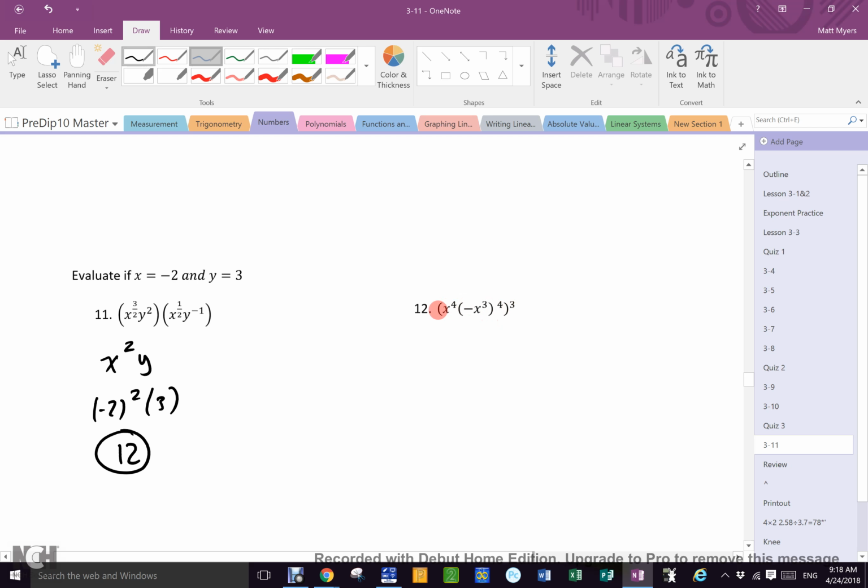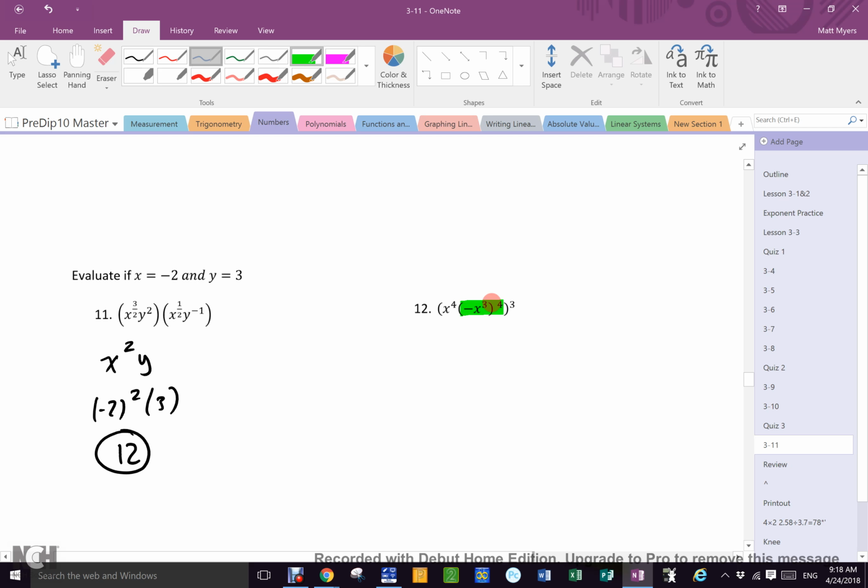Where should you start in 12 to simplify? Should you distribute this in? I wouldn't because of this. Brackets, exponents. That negative x cubed is going to happen 4 times, isn't it?